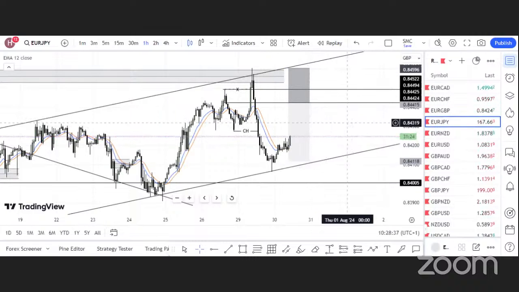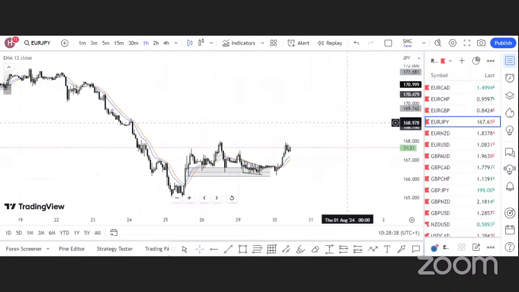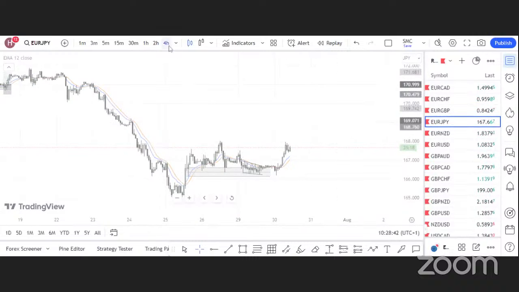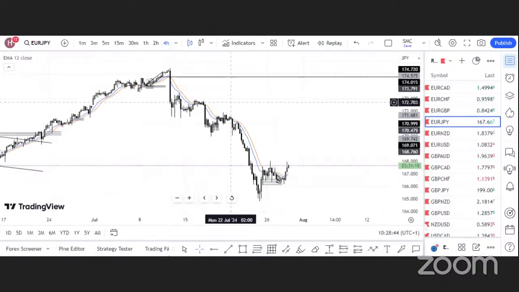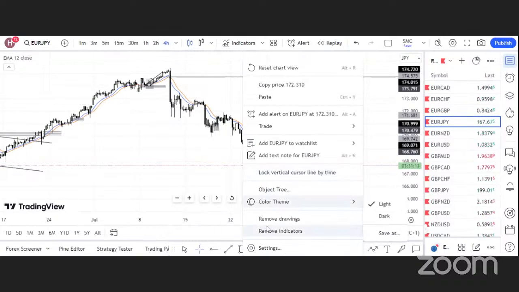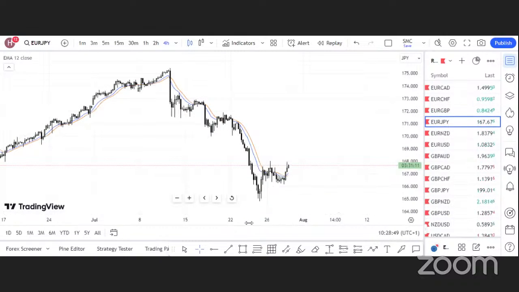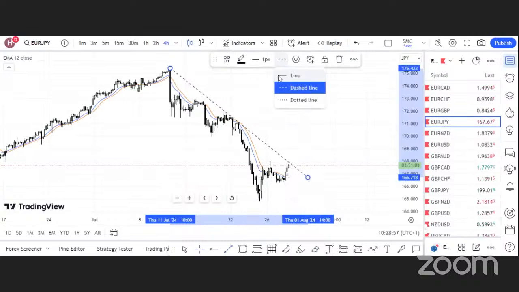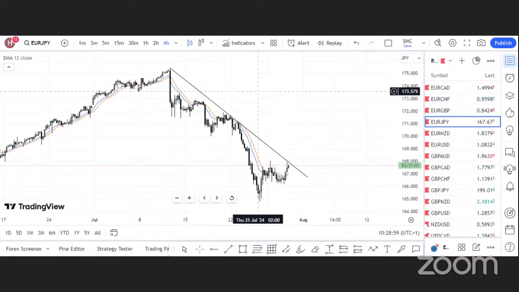All right. So for Euro JPY, let's go to the 4 hour time frame. Let's analyze the market from the higher time frame. So we are currently on the 4 hour time frame, and I think this can take our trend line. All right, we have a trend line.